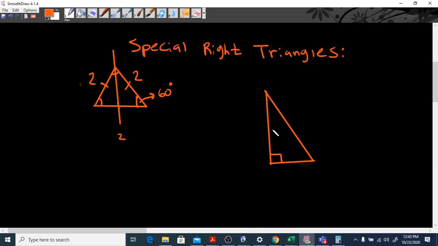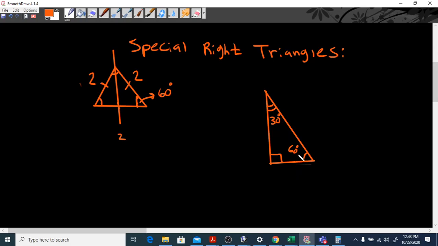So anyway, here's the point. I cut this angle in half, so I took a 60-degree angle and cut it in half. That means this angle has to be 30 degrees. This is 90 degrees because this line is coming straight down. And lastly, this angle is actually untouched from the original triangle, so this one is 60 degrees.